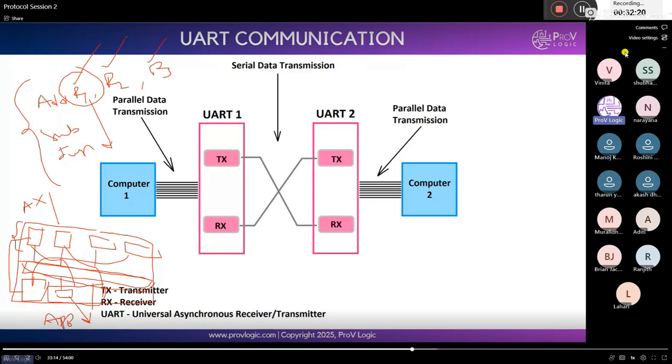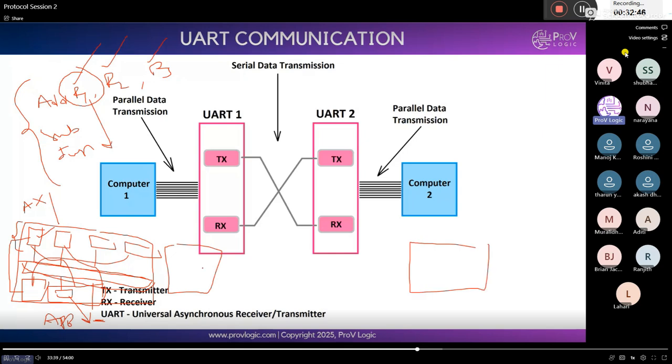Suppose from processor register R1, we are going to store the data in a particular address, and in that particular location we are storing the data. That's why address and data requirements are there within the chip. But here, UART to UART, this is our laptop and this is a printer and scanner or whatever.